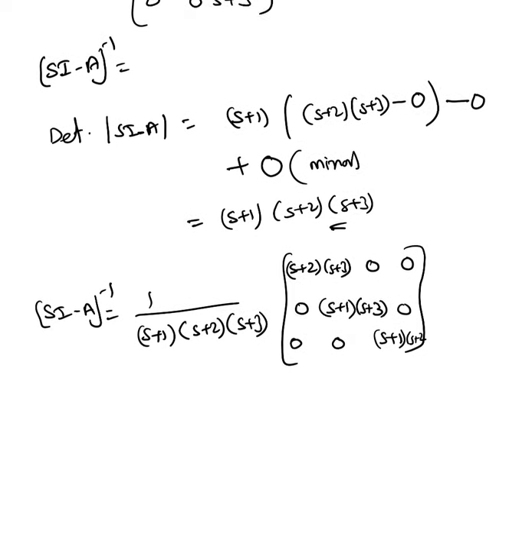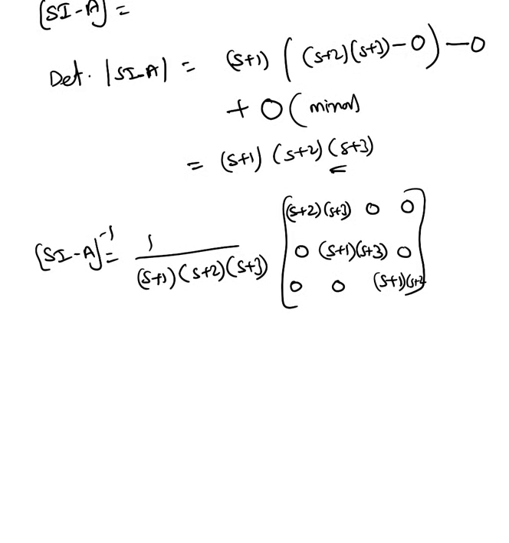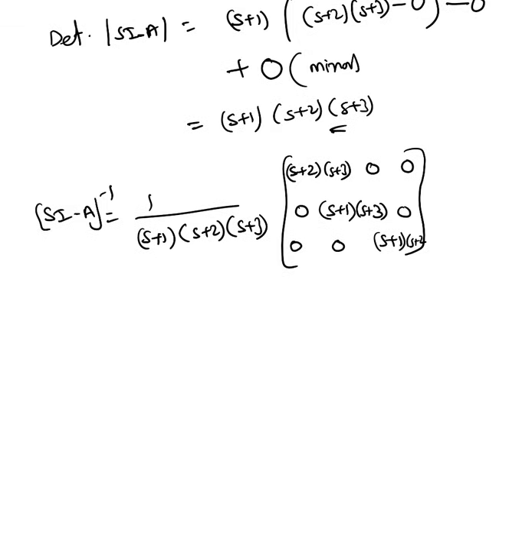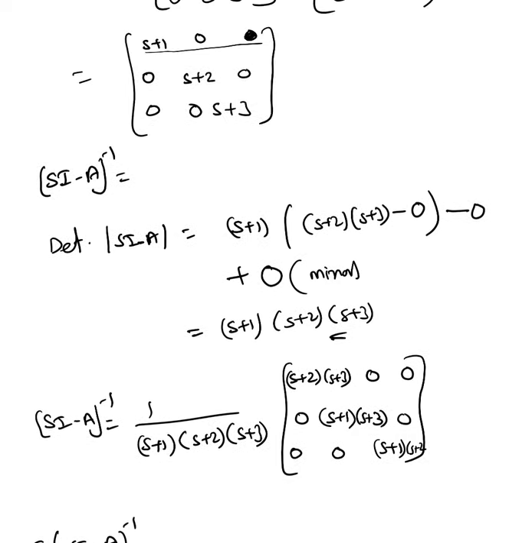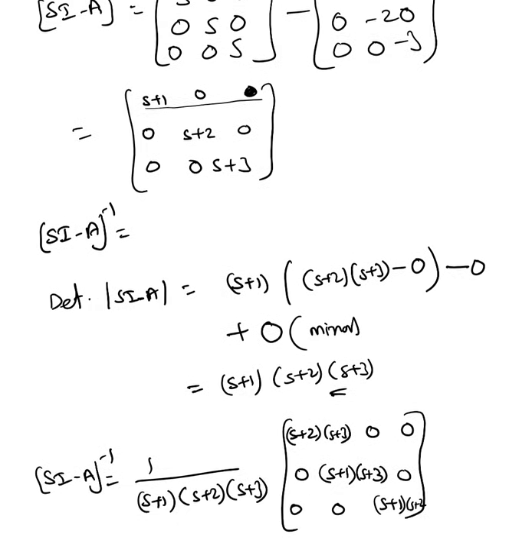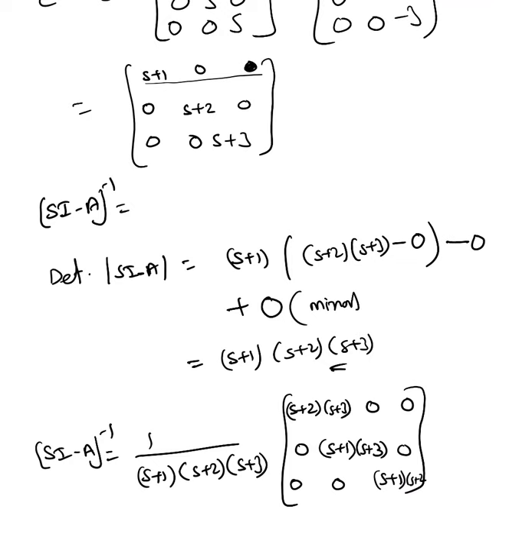Now I'm going to multiply this with C, and then at the end I'm going to multiply with B. So C times (sI minus A) inverse. You can clearly see how I found the cofactor of sI minus A transpose.